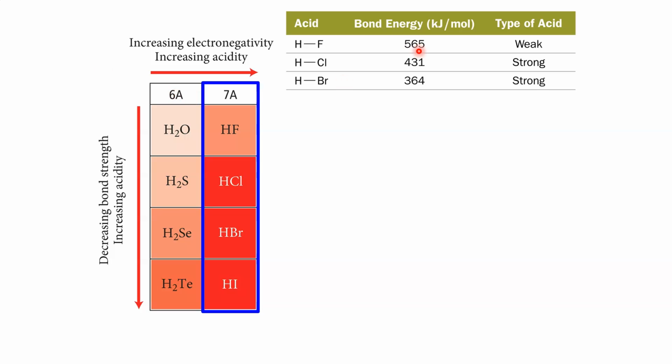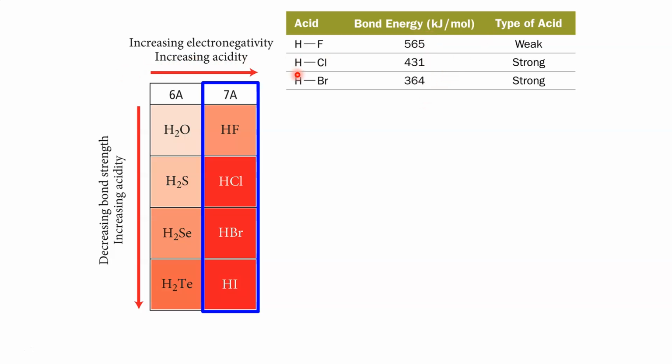The bond energy of HF is 565 kilojoules per mole, so it's the weaker acid. HCl, 431; HBr, 364. So these get stronger as they go down the periodic table because of the bond energy.